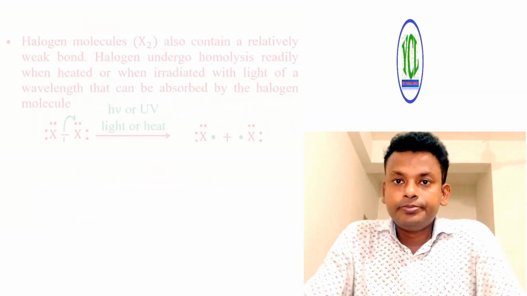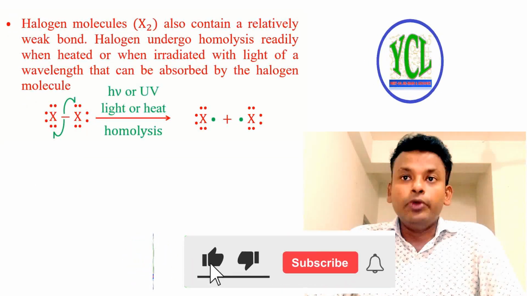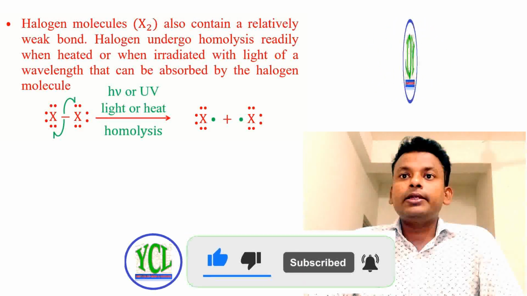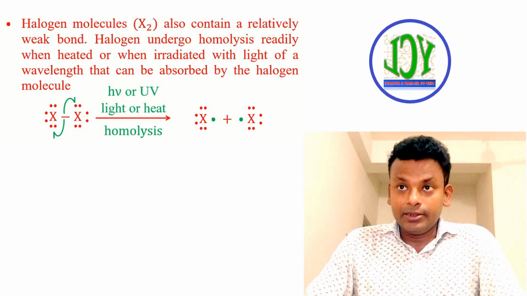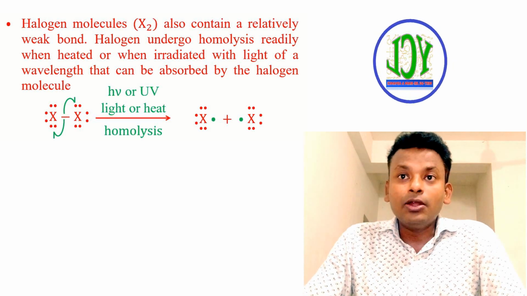Next, halogen molecules also contain a relatively weak bond. Halogens undergo homolysis readily when heated or irradiated, that is, UV light or sunlight can be absorbed by the halogen molecule.